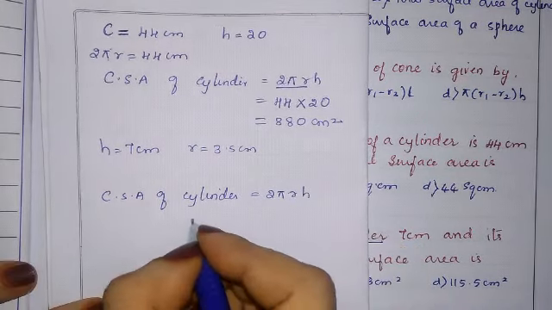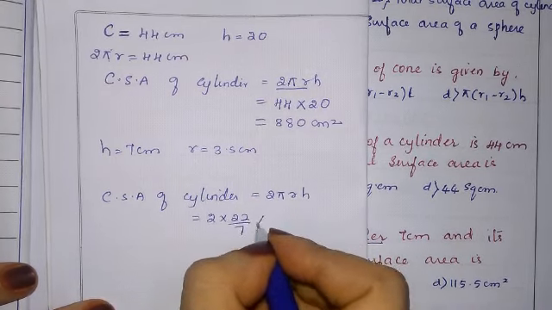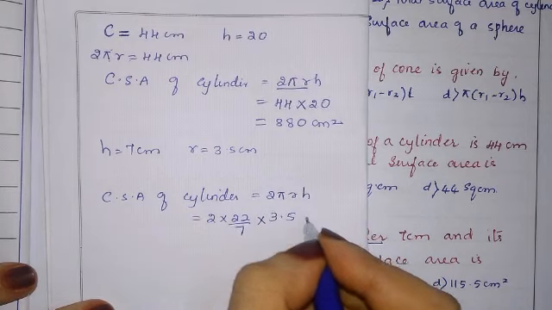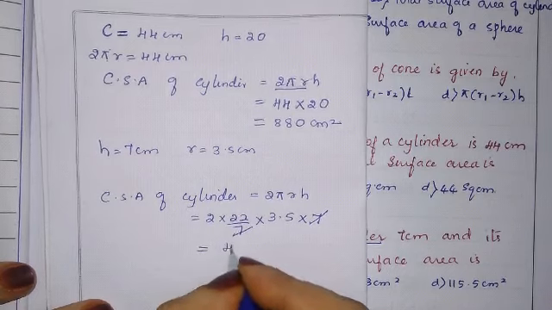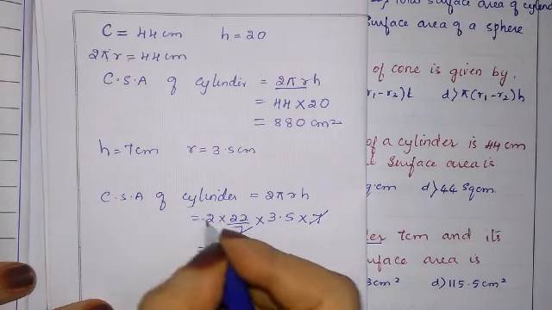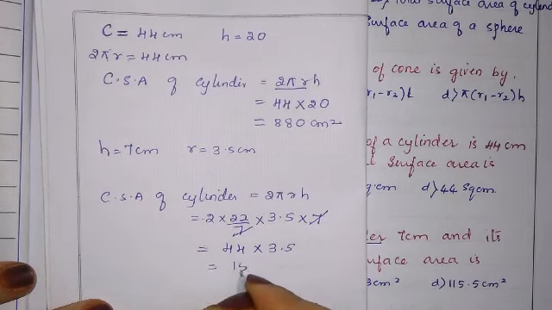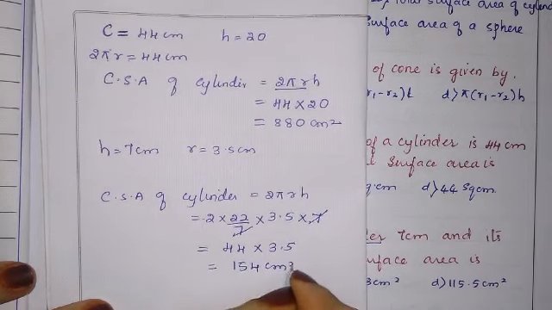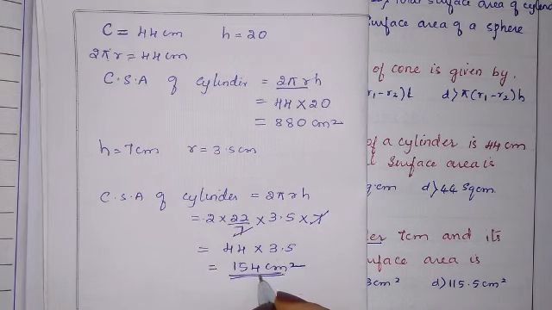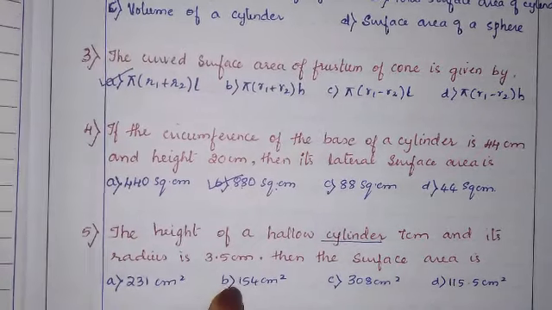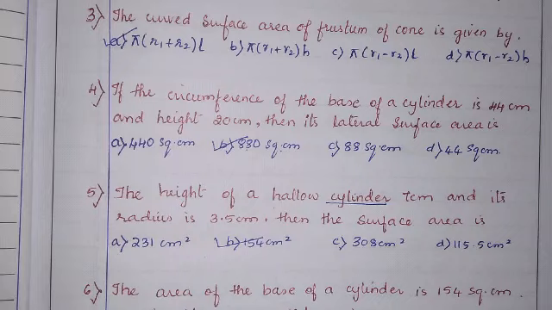So 2 into 22 by 7, the pi value, r value 3.5, into h value 7. The 7 gets cancelled. 22 into 2 is 44, into 3.5 is 154 centimeter square. So the correct option is 154 centimeter square, option B.